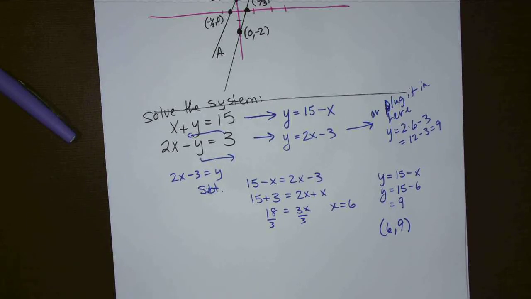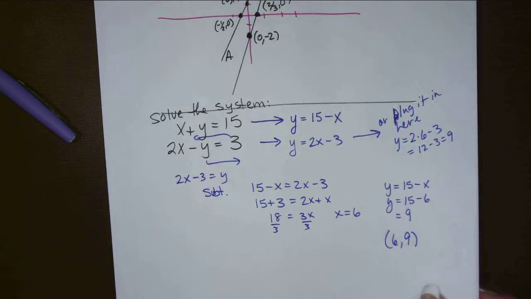Okay, so I would use substitution if it's sort of easy to solve. And you could solve for x as well. If it was easy to solve for x, then you could set them equal and you'd find x first, then plug it in to find y. So either way is okay. Now elimination, I suggest when it's not as easy to solve for x or y.